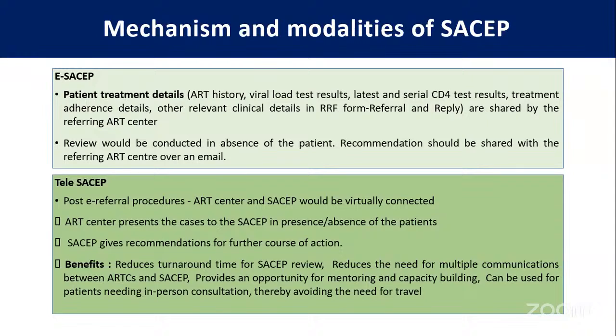And the SACEP goes through this document. Based on that, in the absence of the patient, they take a call and share their recommendation through email to the referring ART center, which is known as e-SACEP.